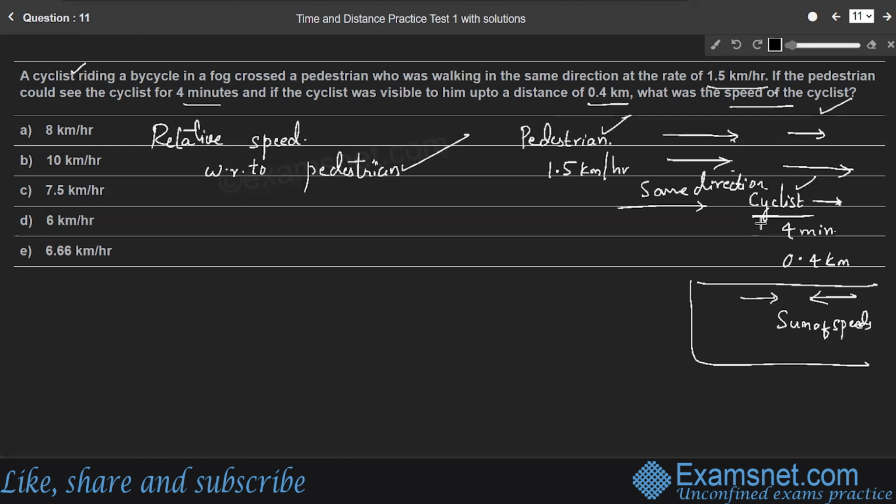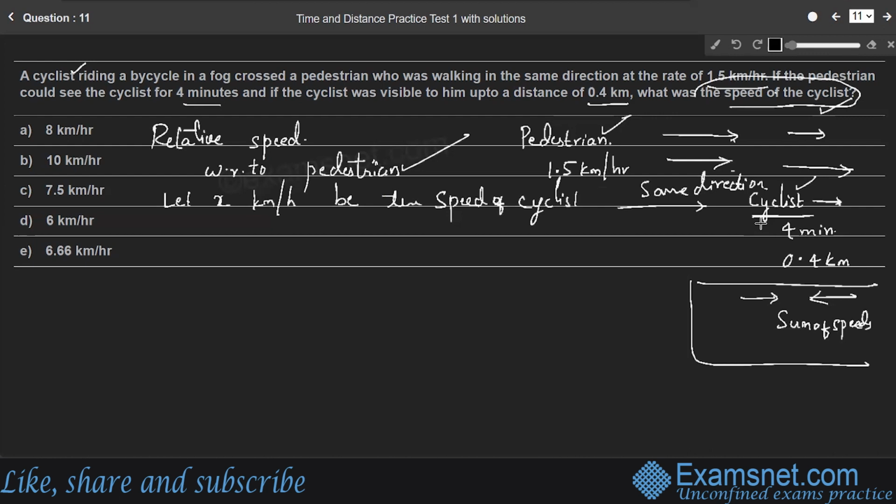So, we'll consider x as the speed of the cyclist because we need to find the speed of the cyclist. So, let x kilometer per hour be the speed of the cyclist.